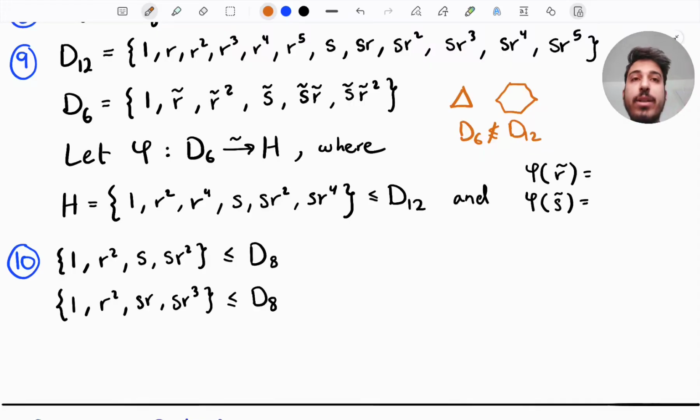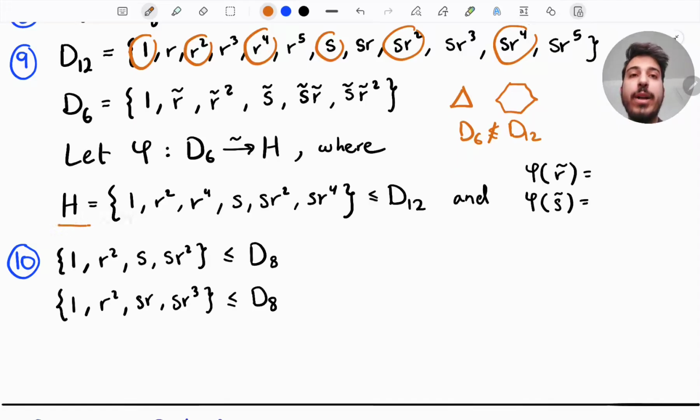However, before we do that, notice that if we create an H, which is a subgroup of D12, by taking the elements in D12 which are 1, r squared, r4, s, sr squared, and sr4, and combining them all in a set we call H, we find quickly that H is a subgroup of D12 using the properties that we mentioned above for a definition.